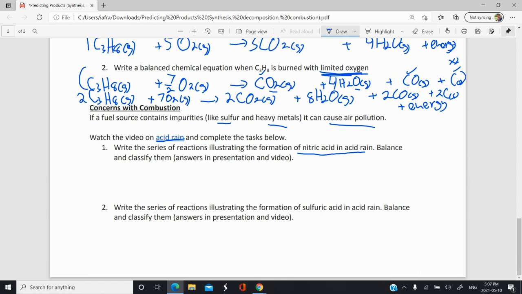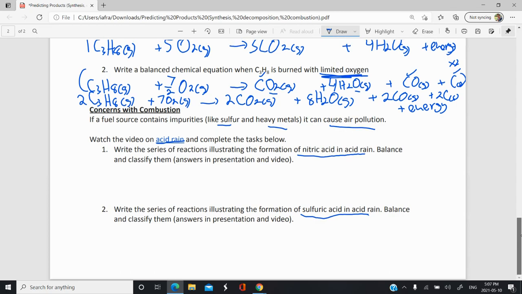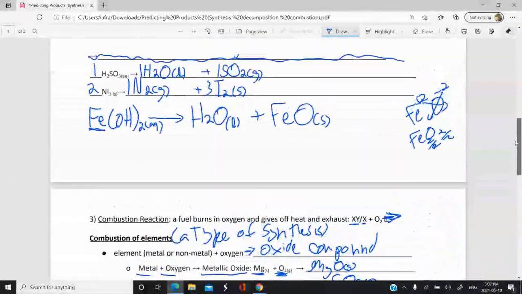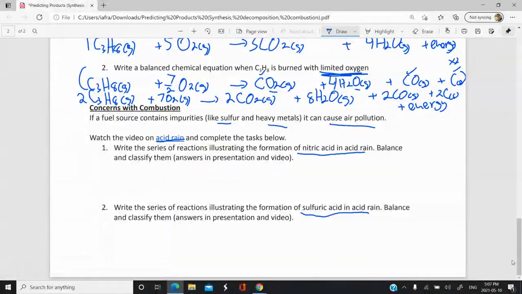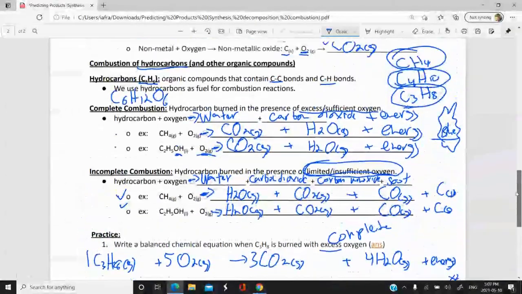And then do the same thing for sulfuric acid and acid rain. Balance and classify the reactions that are involved. The answers are included, like I said, in the slide deck, and they're also in the video that you're going to watch.